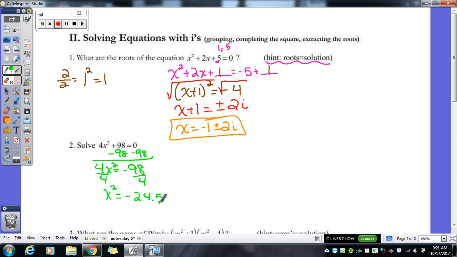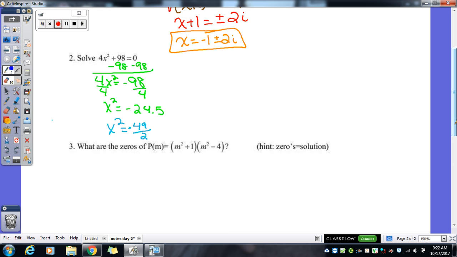As a fraction, wouldn't it be 49 over 2? And it's negative. That's a pretty thick negative sign for me, but that's negative. So now we'll take the square root of both sides.